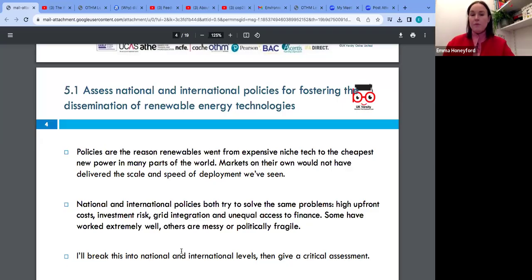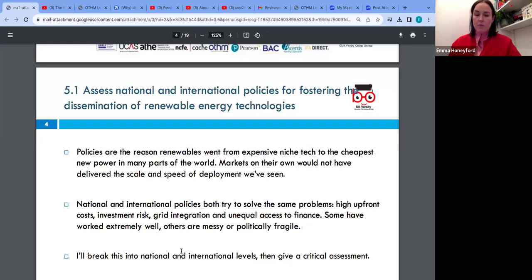We need governments and policy creation by national and international governments to work in cooperation with economies to drive the change. So national and international policies both try to solve the same problems. So high upfront costs, investment risk, grid integration and unequal access to finance.